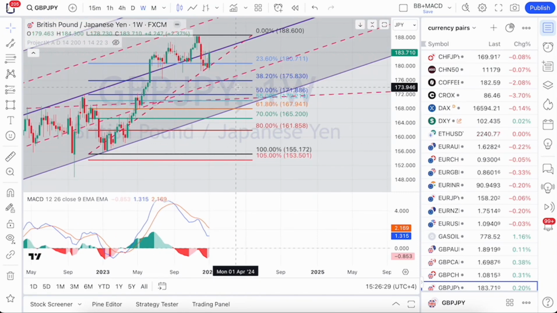The market has not retraced even to the 38% level, and it has crossed above 23 again. So this is a very strong support. Fibonacci retracement 23.6, in round number, the level is 180.71. So we can mark this level as support.